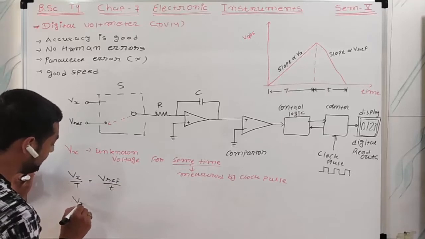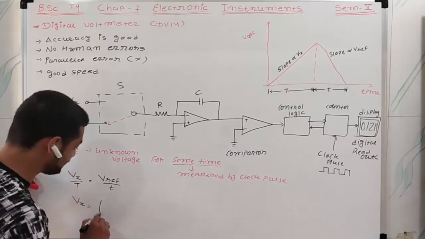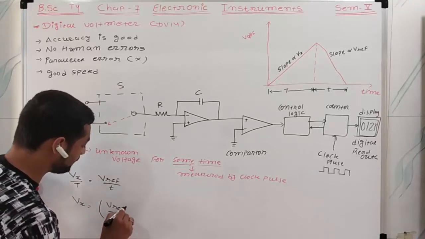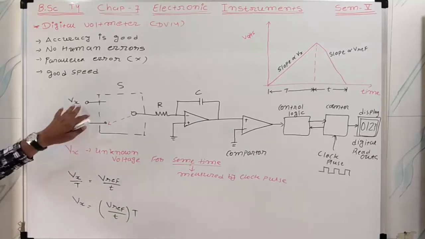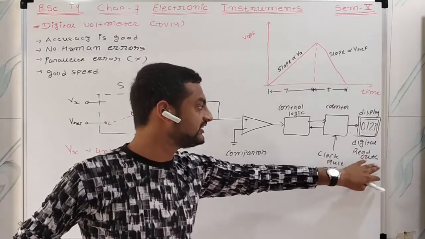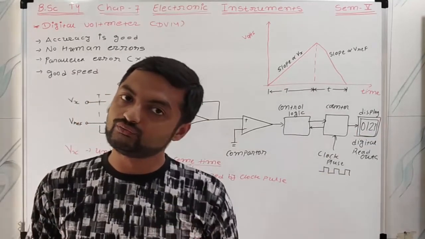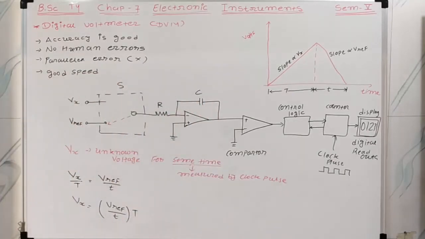So unknown voltage કેટલા હશે, કઈ રીતના કેલ્ક્યુલેટ થશે? તો Vx equals to V reference upon small t into capital T. This is how this unknown voltage is being measured, and these digital readouts will tell you what is the exact voltage. Okay, got it? જલ્દી થી નાનો સ્ક્રીનશોટ લઈ લો.